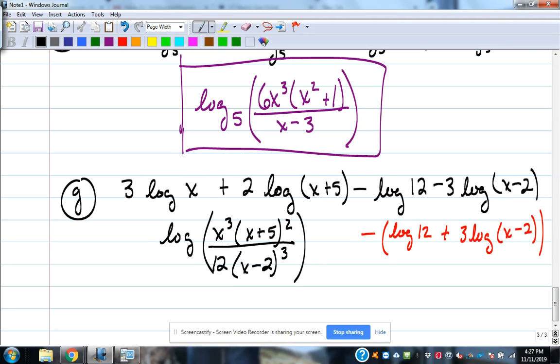But again, if it's got a positive sign in front of it, it's going up top. If it's got a minus sign in front of it, it's going on the bottom. And you're always going to multiply together when you condense down. The positive things are multiplying together on top, the negative things are multiplying together on the bottom.